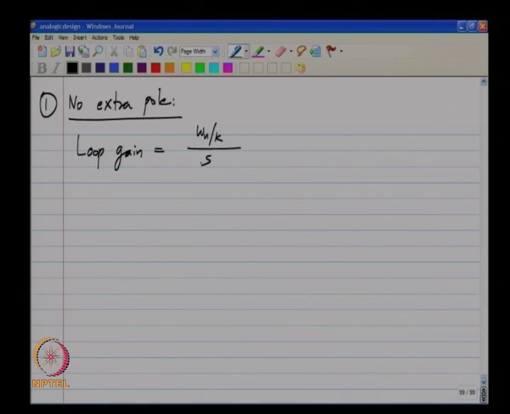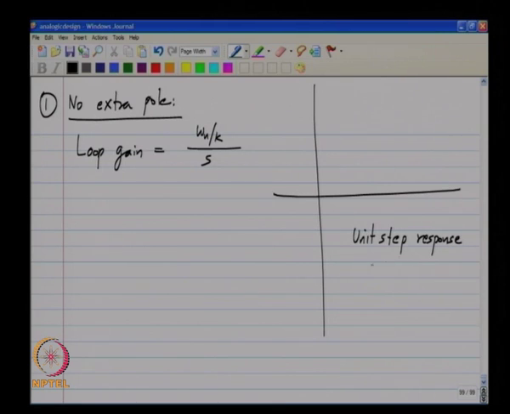This is the loop gain with no extra pole, and here I will plot the unit step response of the loop gain. Okay. And the unit step response of this function is very easy. It is a ramp.